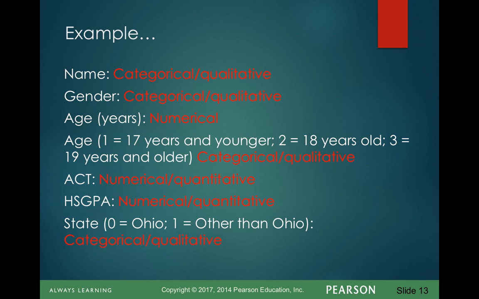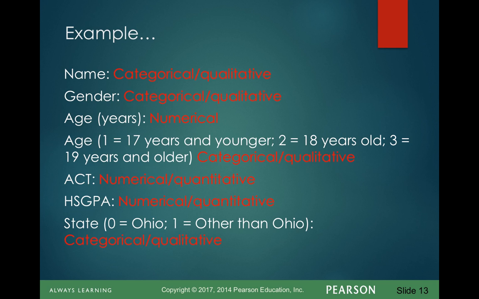Sometimes we do that with income, right? What's your annual income? Somebody says it's $32,865. But sometimes we do income groups, 0 to 50,000, 50,000 to 100,000. So just because something is naturally numerical doesn't necessarily mean that it's been coded numerically. It could be coded categorically.